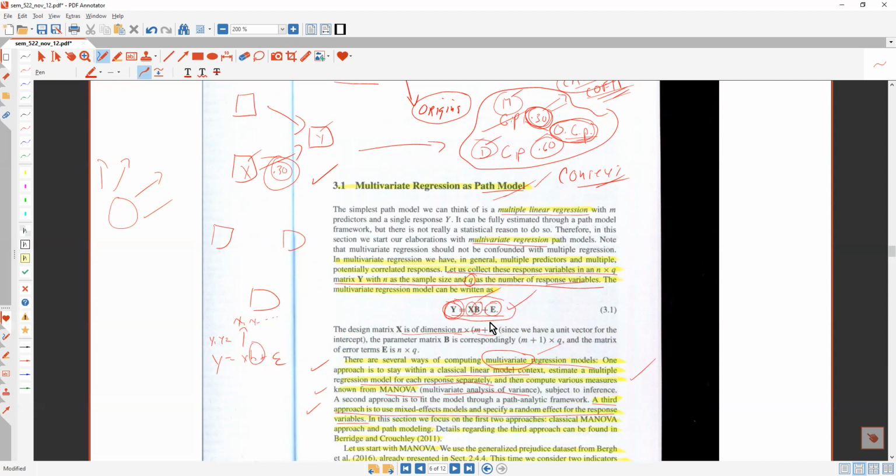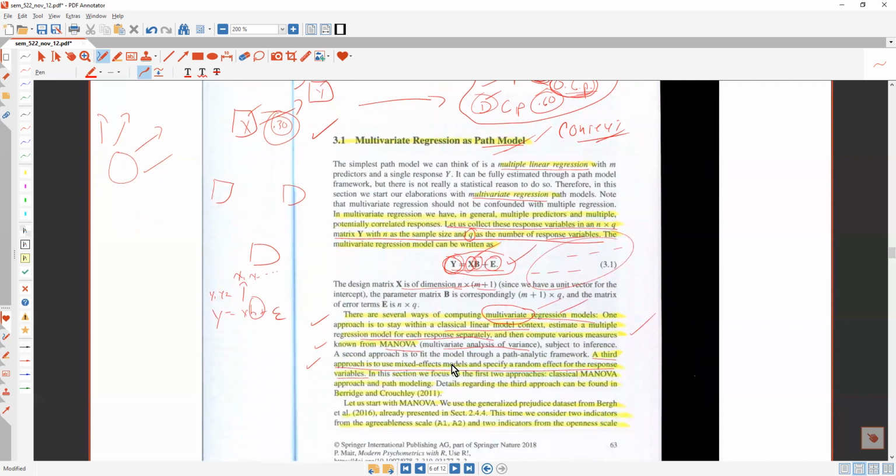In the MANOVA model, your X is going to have levels to it for the different factors, whereas in the multivariate regression model, these are usually assumed to be continuous. You could operationalize it with levels, but it's usually going to be assumed to be continuous. You could also use a mixed effects approach, if you wanted to specify random effects, which you don't always want to do.